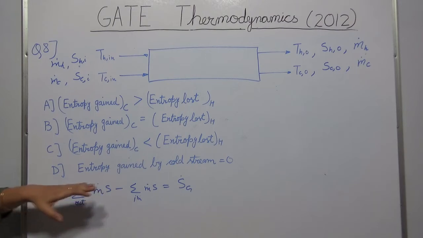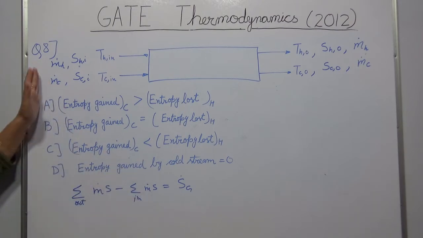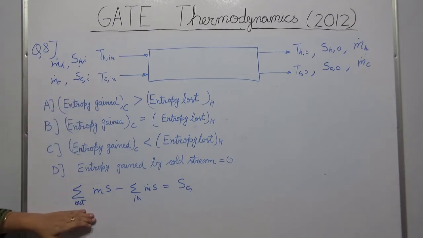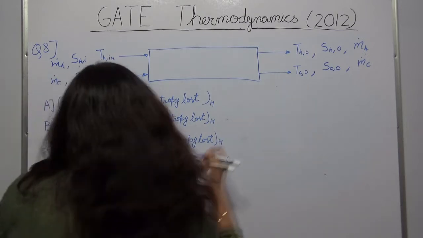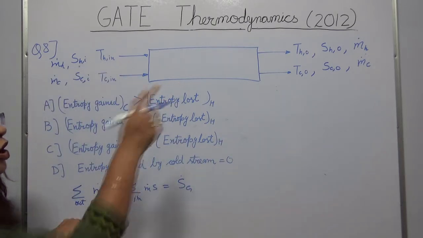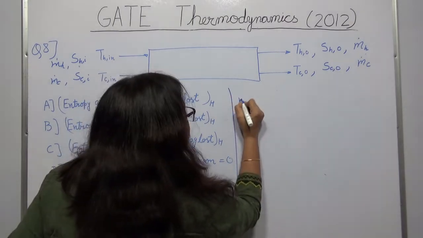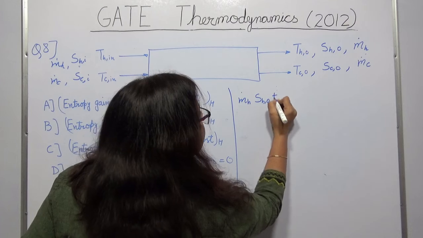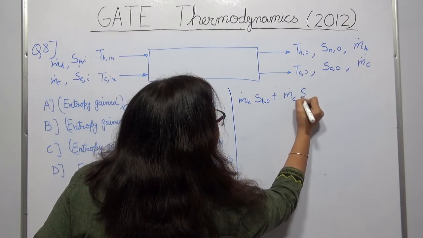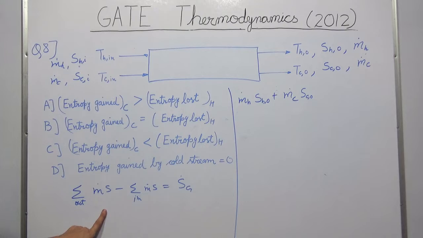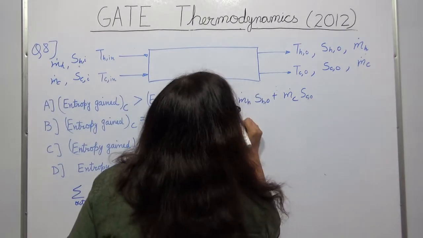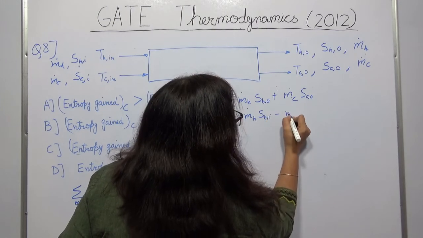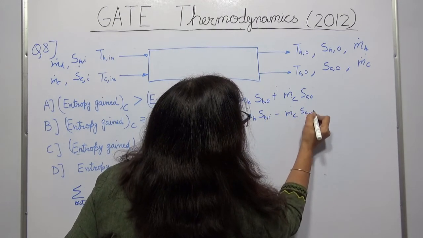Now let's write these terms in the variables which we have fixed for this parallel flow heat exchanger. The entropy which is going out, I am going to write first for the hot stream, so that will be equal to m dot h S_HO plus m dot c S_CO, out, minus in, so minus m dot h S_HI minus m dot c S_CI.